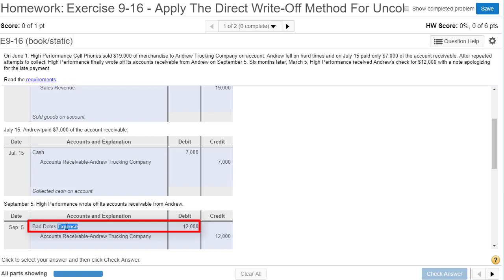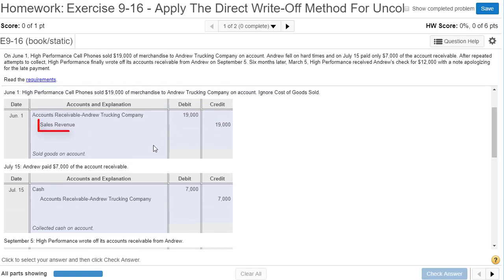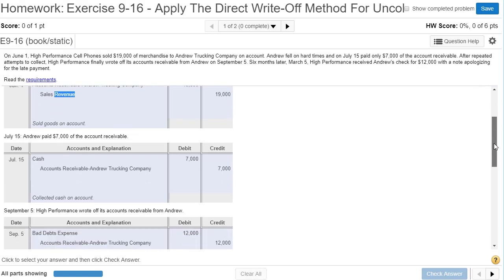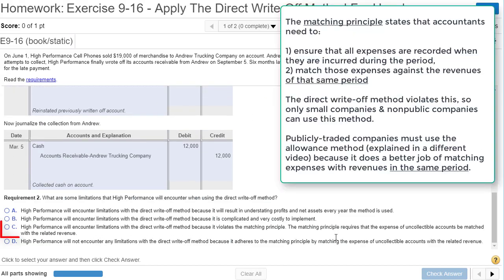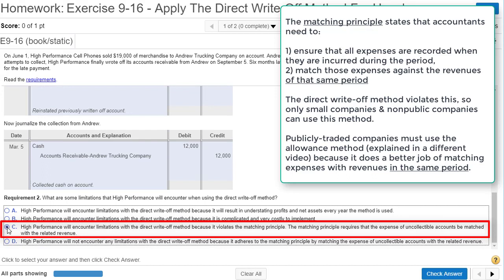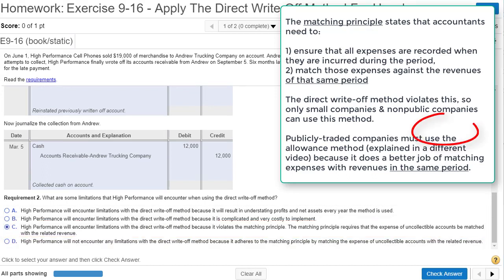So if this company is doing their books monthly, we've got revenue up here in June that did not have its matching expense, bad debt expense, recorded until a couple months later. If the company had instead used the allowance method, which we will learn later, they could have avoided this violation of the matching principle.